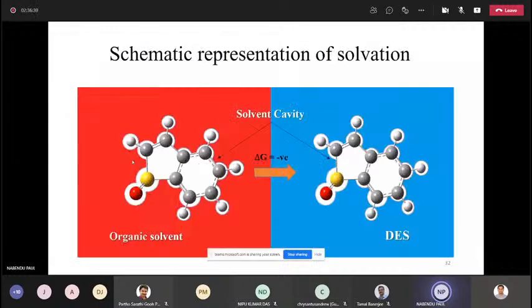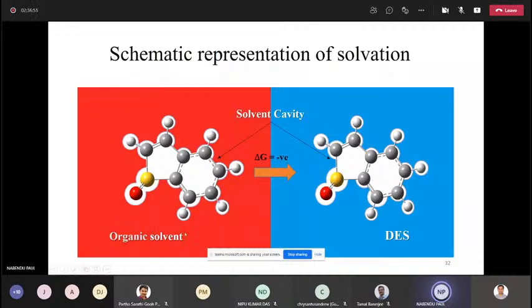So, in this study, we have done the solvation analysis in Gaussian. On the left side, the organosulfur compounds were initially present in the fuel oil, and they were extracted by the organic solvent, that is n-heptane or n-octane.